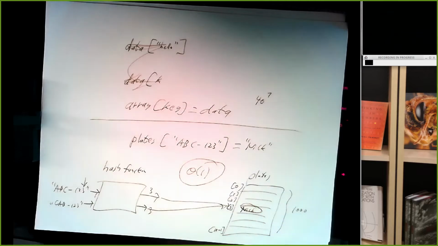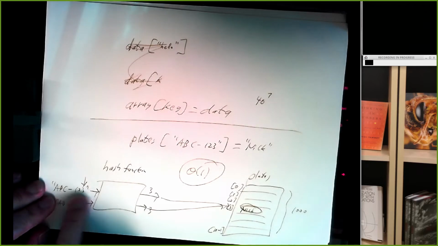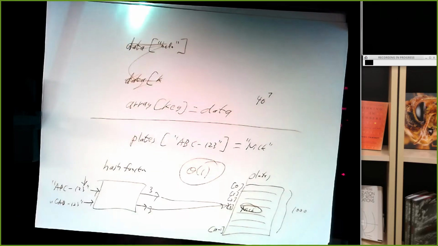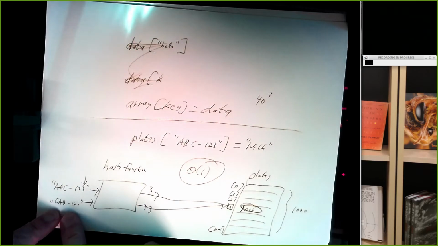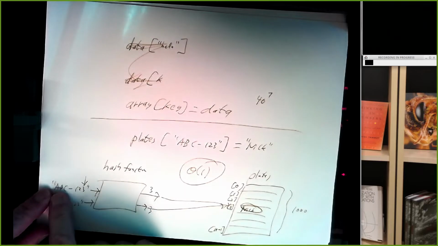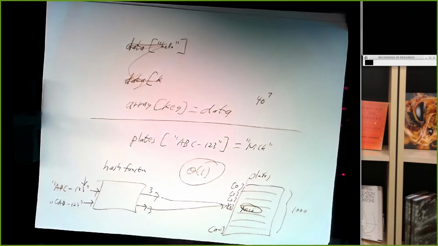I've got another 990 going to waste. Maybe my hash function is to add up the ASCII codes for all of my characters, and that's a better hash function, but this license plate and that license plate will hash to the same value, because adding the ASCII codes for A, B, and C is the same as adding the ASCII codes for C, A, and B.